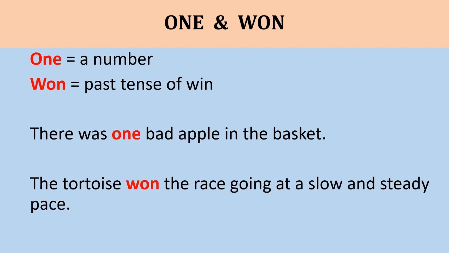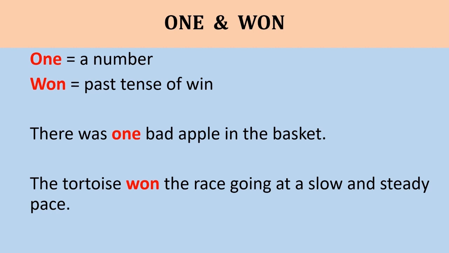Here is another set of homophones, pronounced as one, O-N-E and W-O-N, pronounced exactly alike as one. O-N-E, one, is a number, 1, 2, 3, 4 and so on. W-O-N, one, is the past tense of win.